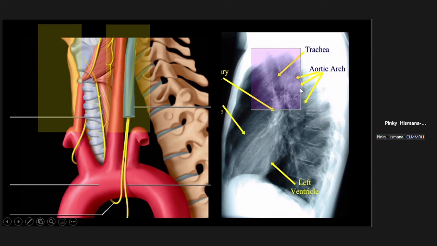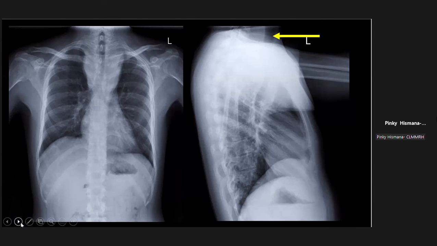You also have your paratracheal area when you do a lateral view. If you notice, there's an opacity here, both at the right and the left paratracheal area.